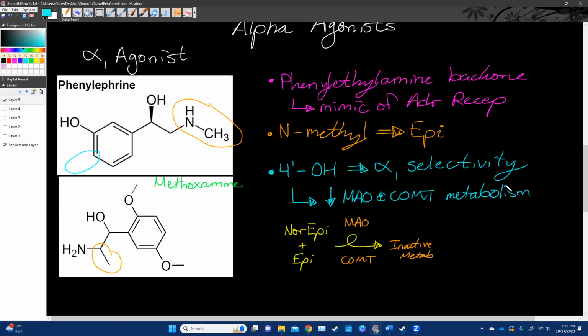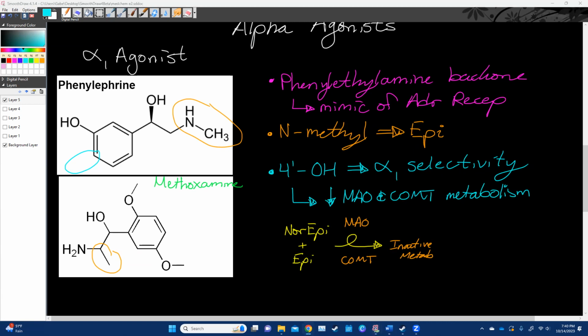So do we expect phenylephrine to have a longer or shorter half-life than epinephrine and norepinephrine? Longer. Much, much longer. Does this make sense so far?